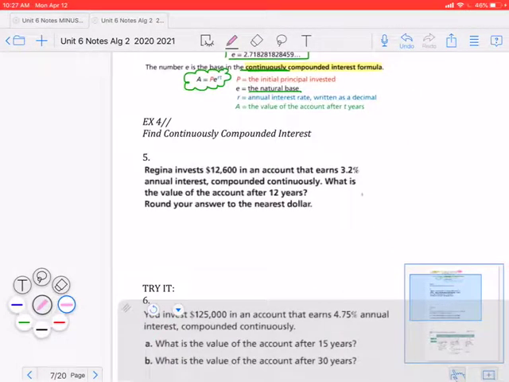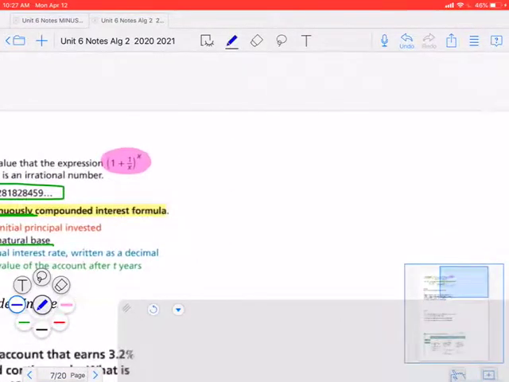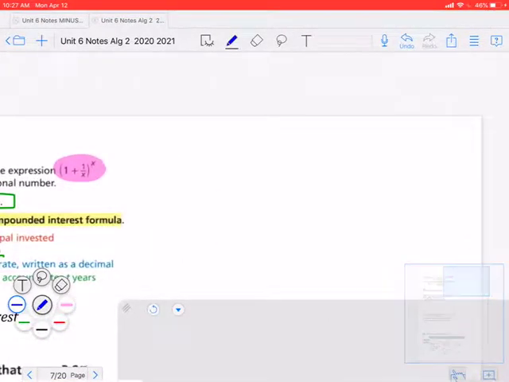So, we need to talk about E in the calculator first of all. If you're using the calculator on your phone, tilt your calculator to the side and you get those more scientific choices. Look for one of the buttons that says e to the x.